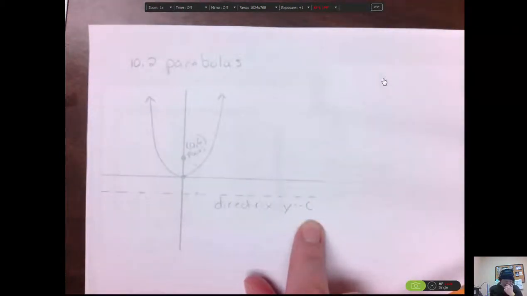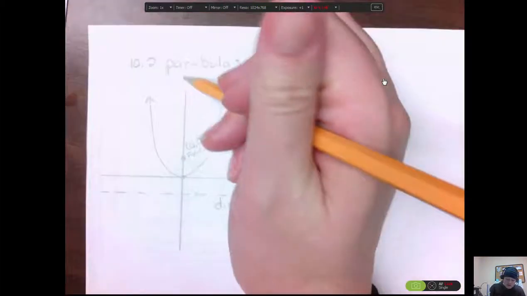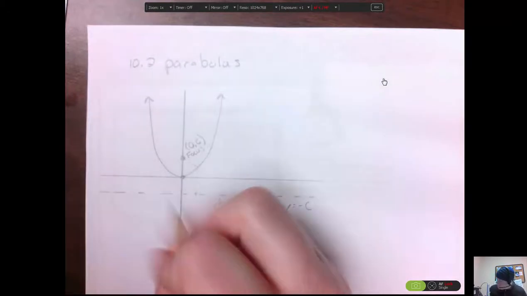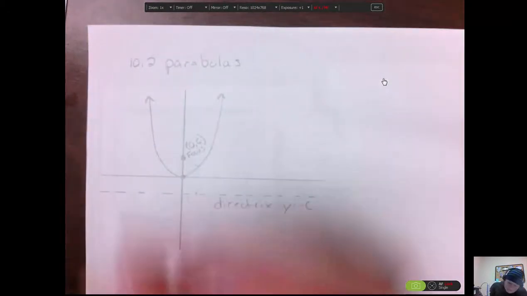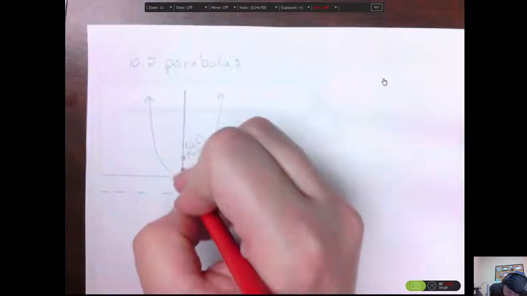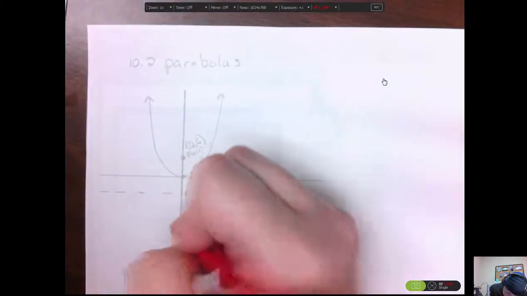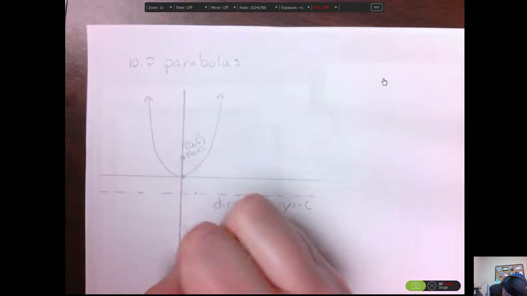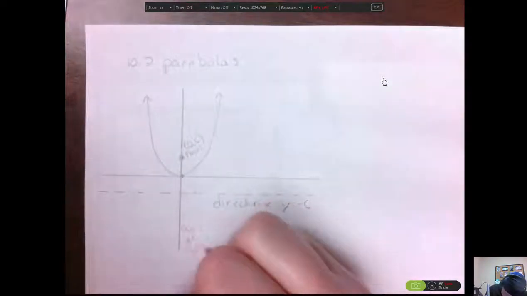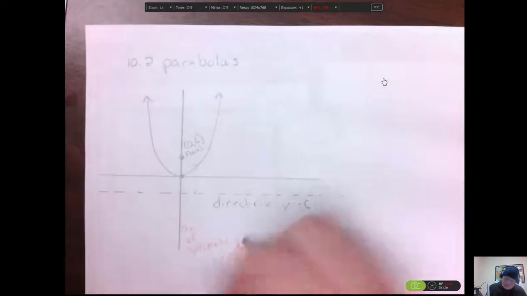Another thing to remember is the axis of symmetry. That goes straight down the middle here. Maybe I'll do that in red so you can see it a little better. It doesn't really show in red very well, does it? Maybe I should have done a highlighter.